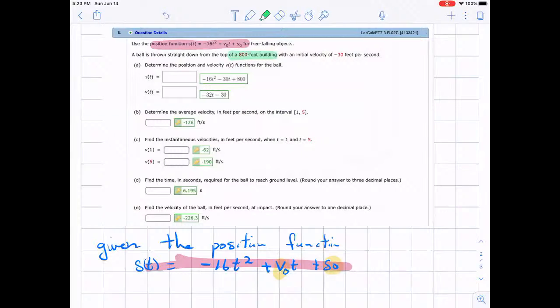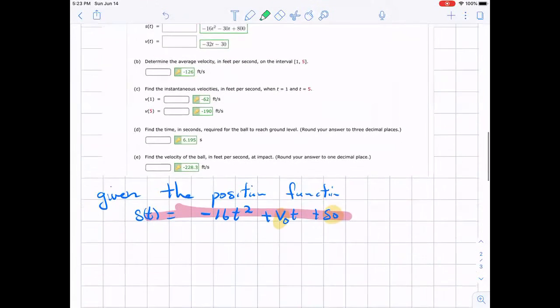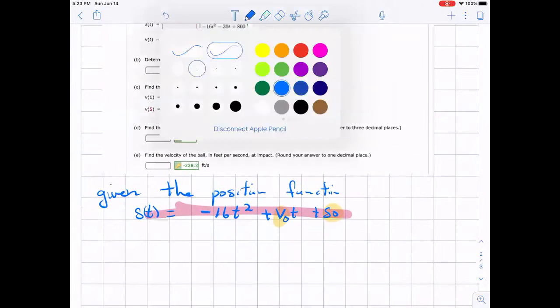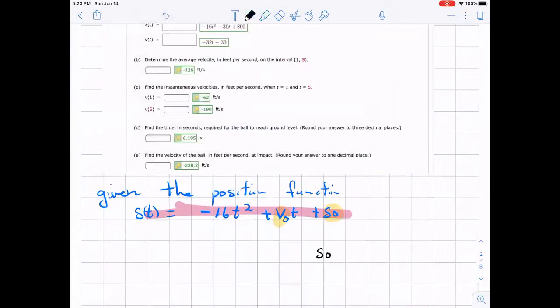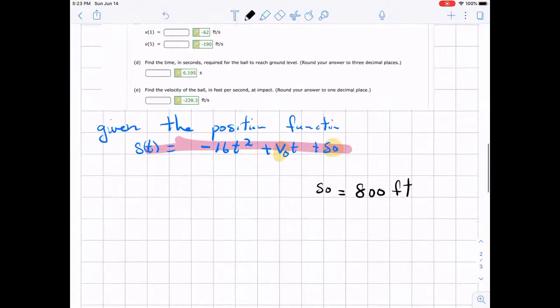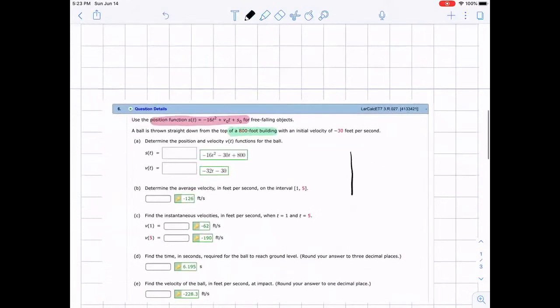So that means when the time is 0, you're 800 feet in the air. So s0 is equal to 800 feet. It's telling you that you're on top of a building.